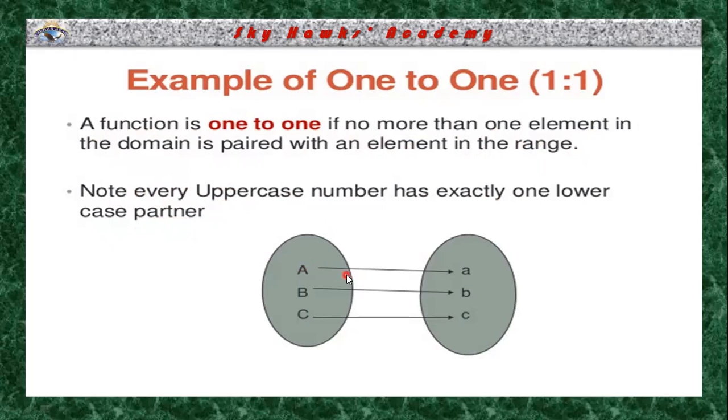Look at this: A is going to small a, B is going to small b, C is going to small c. So one and one. Nothing is left over here, and no one is getting a double image. So simple is the one-to-one function.